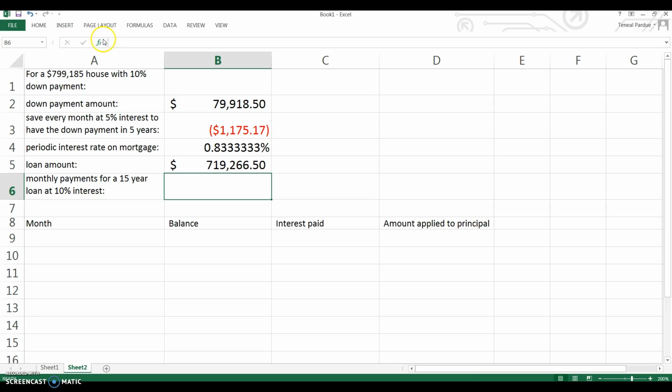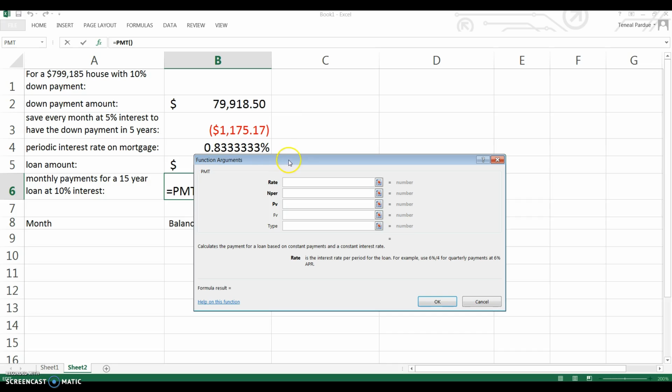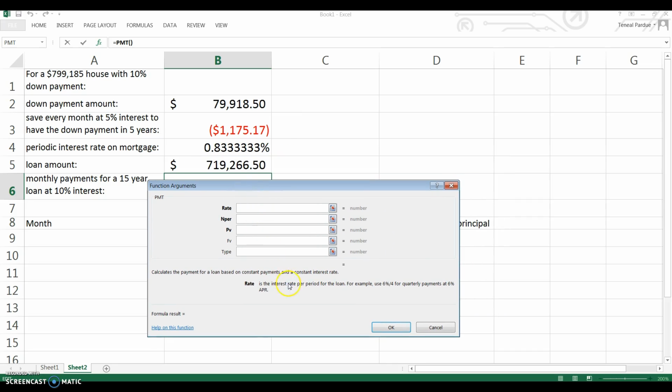So for the monthly payments, we're going to go back again and use the PMT function. The rate, now this is the periodic interest rate, so we'll just pick the periodic interest rate. The number of periods for a 15-year loan is going to be 15 years times 12 payments a year, so 180.